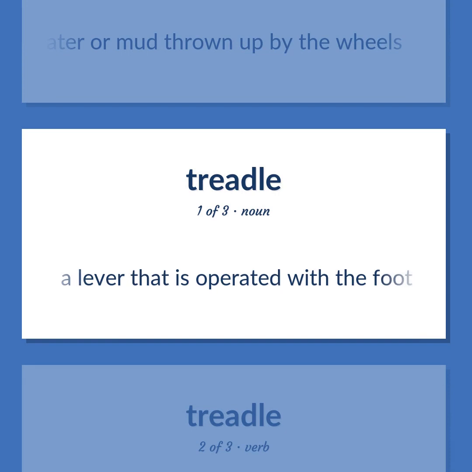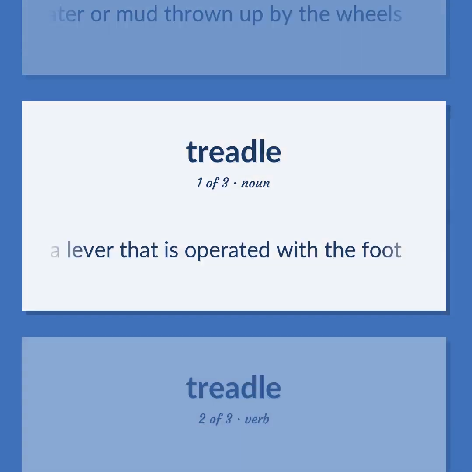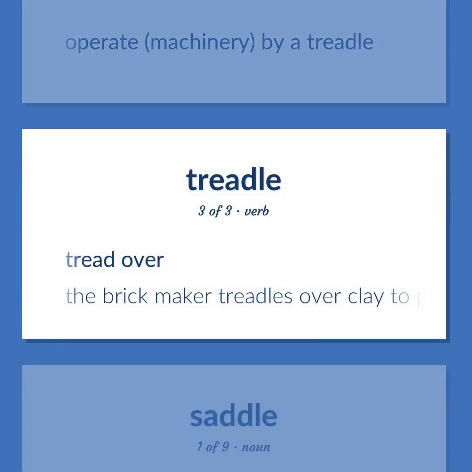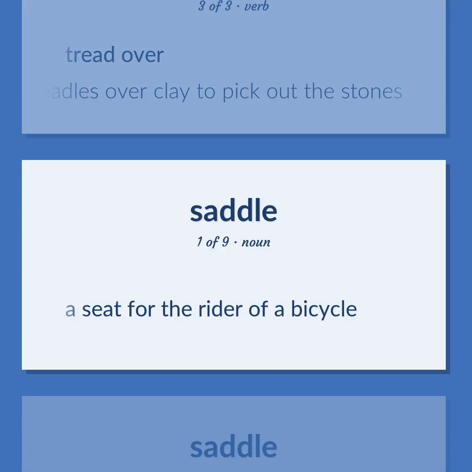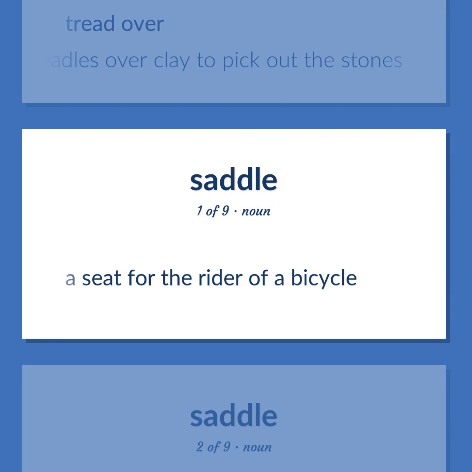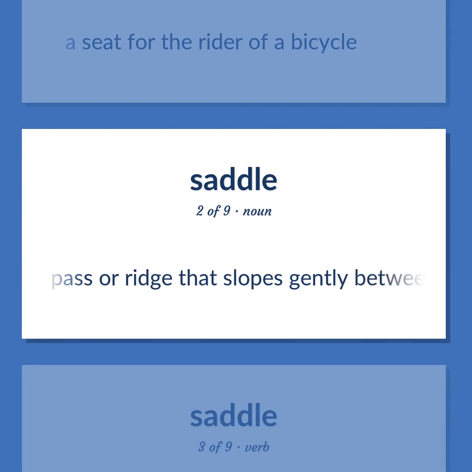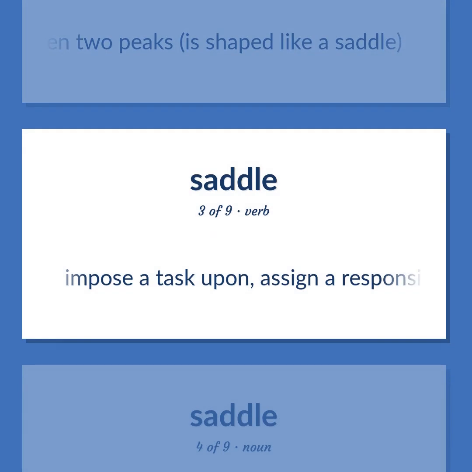A lever that is operated with the foot. Operate machinery by a treadle. Tread over. The brickmaker treadles over clay to pick out the stones. A seat for the rider of a bicycle. A pass or ridge that slopes gently between 2 peaks, is shaped like a saddle. Impose a task upon, assign a responsibility to.